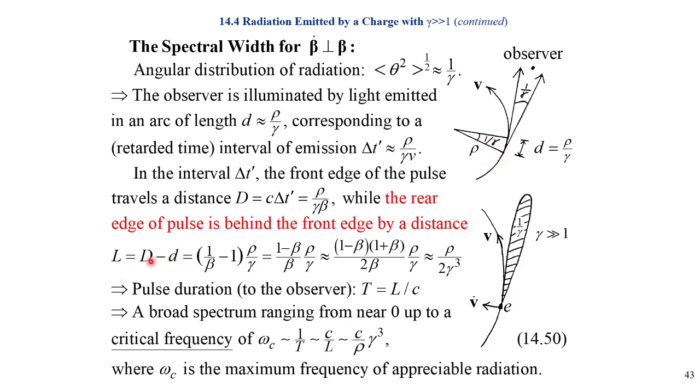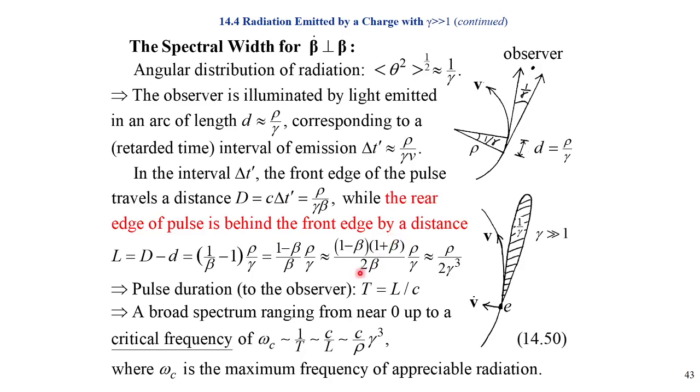Okay? So from this calculation, we know 1 over beta minus 1, times rho over gamma. And this can be simplified into 1 plus beta over 2 beta, because beta is very close to the speed of light, maybe 9 digits, 0.9999999, for example.